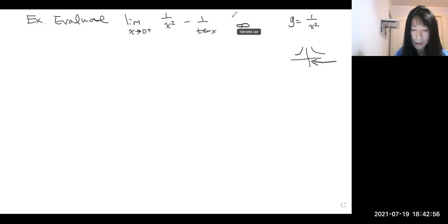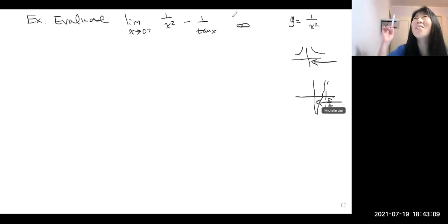How about 1 over tangent? 1 over tangent is pi over 2 there, right? And then like this. When x approaches 0 from the right, what do you get?